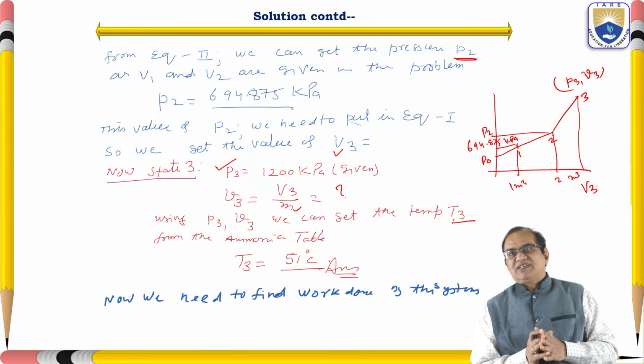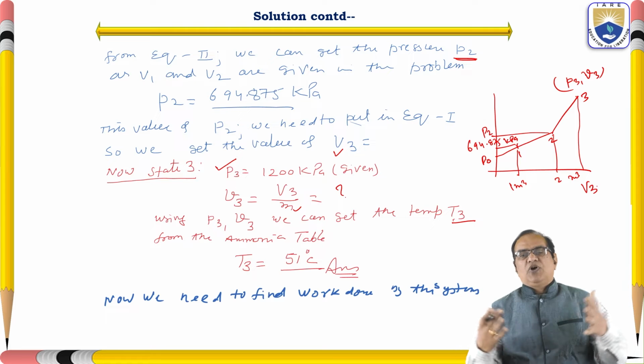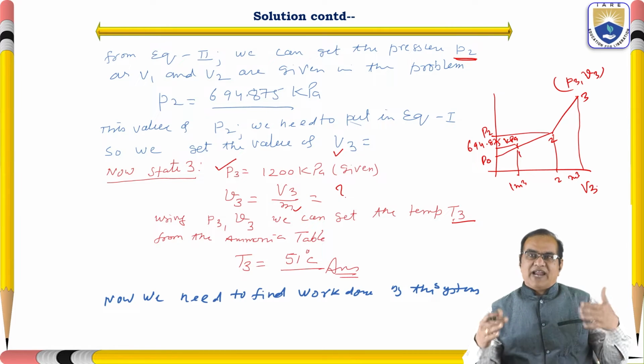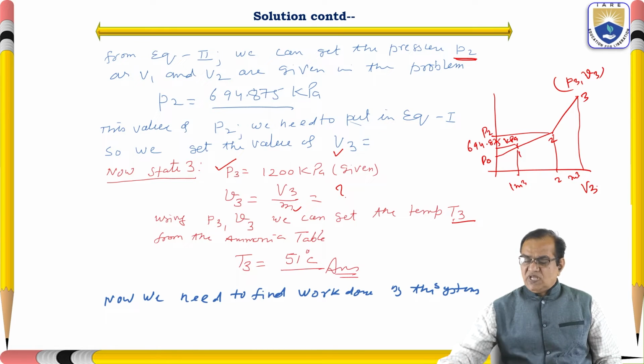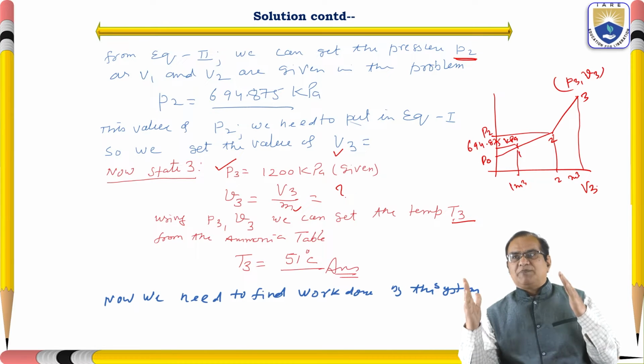Please do the calculation and you will get the same result. Try to practice it in your homework by using the table. Now we have got the specific volume, we have got T3 at the final stage, and we know P1, P2 and P3, everything.